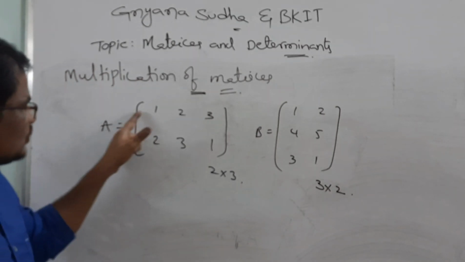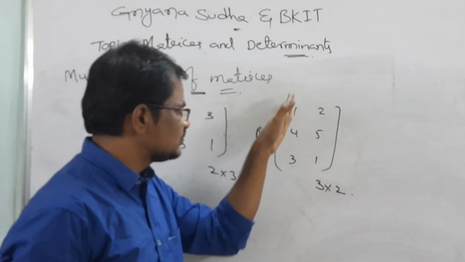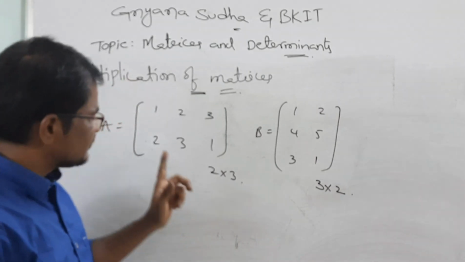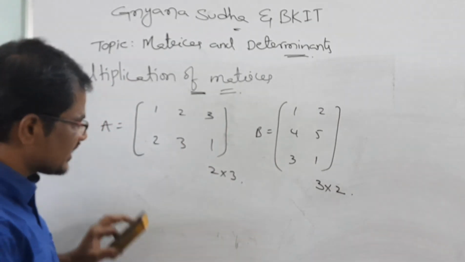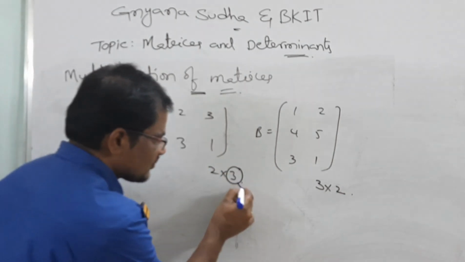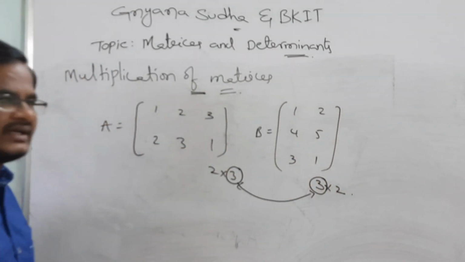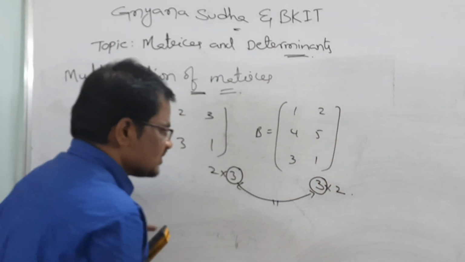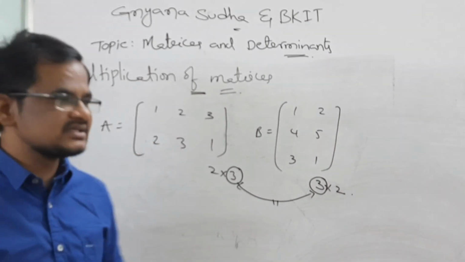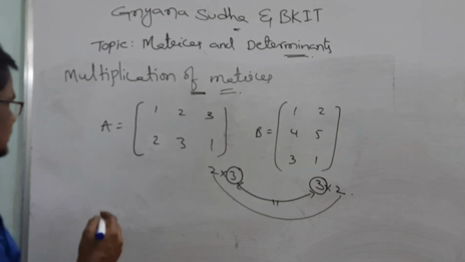To check whether multiplication is possible, we have to identify whether the number of columns of the first matrix equals the number of rows of the second matrix. These two are same. After multiplication, what is the order of the resultant matrix? You will get a 2 by 2 matrix. Okay, let's try.